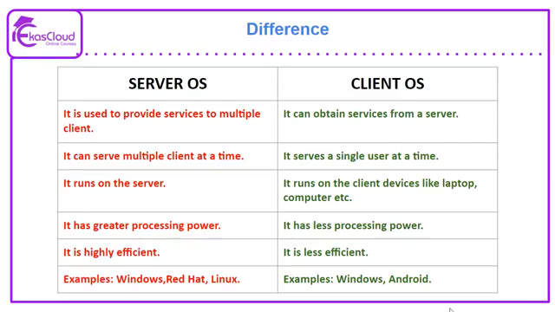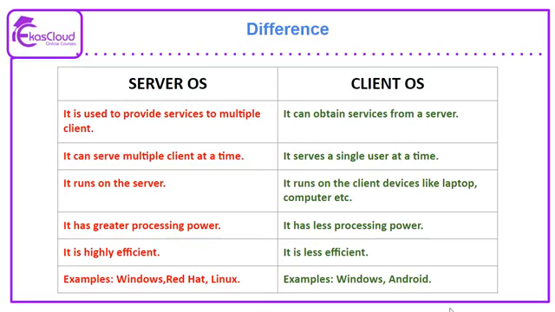Server operating systems run on the server, and client operating systems run on client devices like laptops, computers, etc. And next, server operating systems have greater processing power, but client operating systems have less processing power.